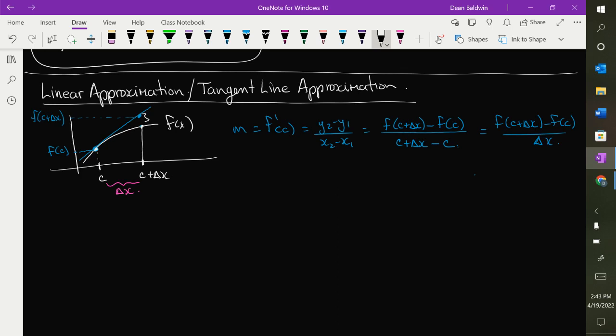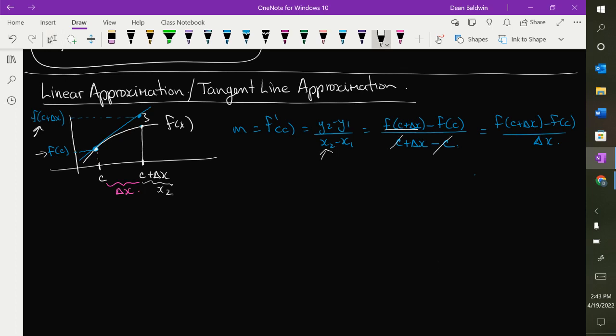So the way this works is m, slope. We don't really say slope in calculus. We say the derivative, so f prime of c. And the slope that you learned in Math 10 is y2 minus y1 over x2 minus x1. y2, we are calling f of c plus delta x, minus y1, which we're calling f of c, over x2, which is c plus delta x, minus x1, which is c.